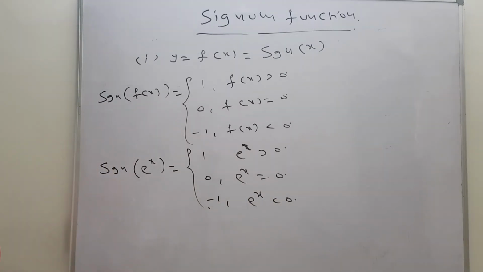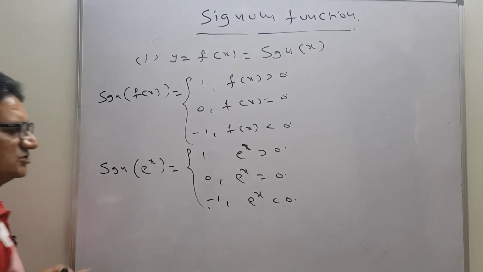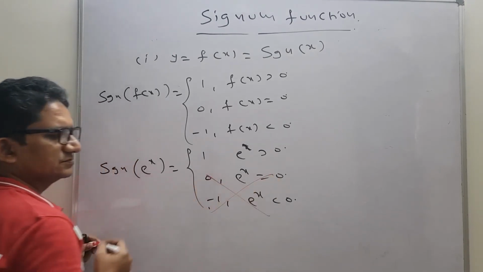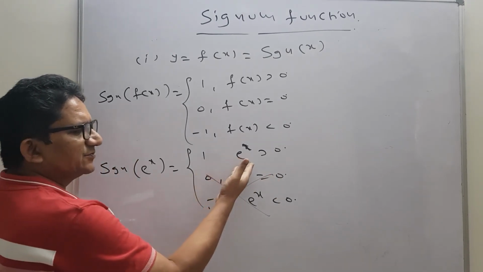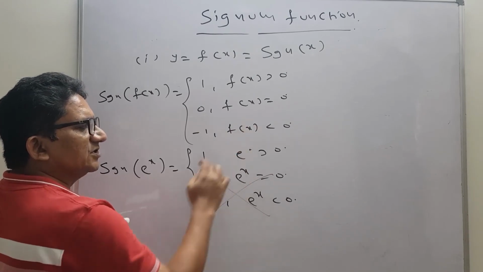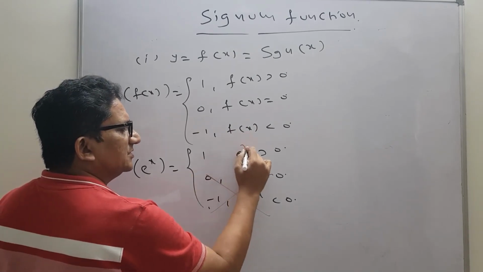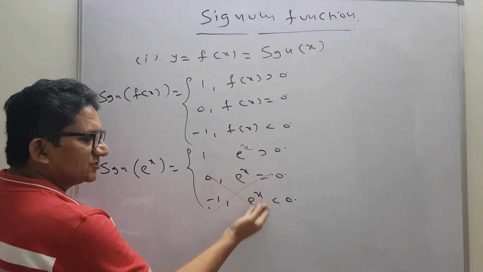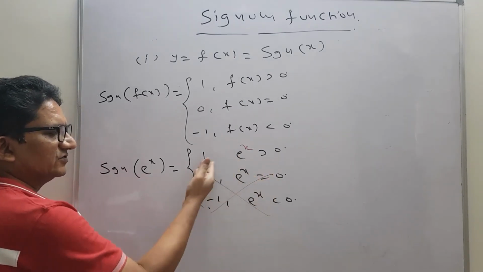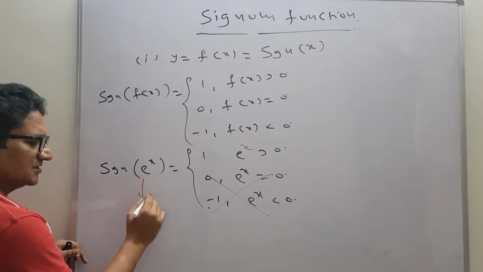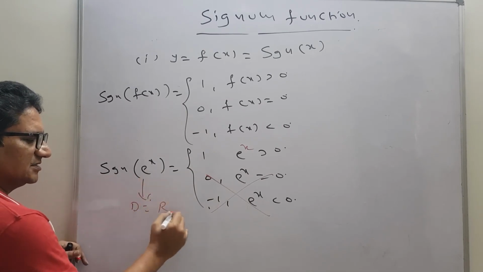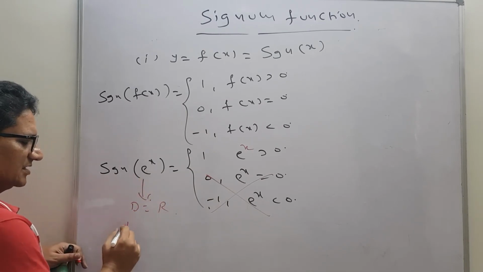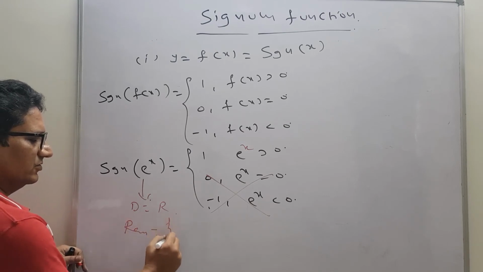Now these 2 conditions are ruled out, because we know that the exponential function is always positive; it cannot be 0 or negative. So for this function, the domain is the set of real numbers, but the range is only one element, that is 1.